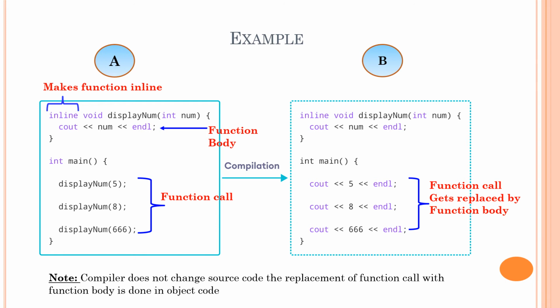So in figure B, instead of calling displayNum function 3 times, you will see that the code of displayNum function is copied 3 times. So this is how an inline function works. However, please note that the compiler does not change source code. The replacement of function call with function body is done in object code.